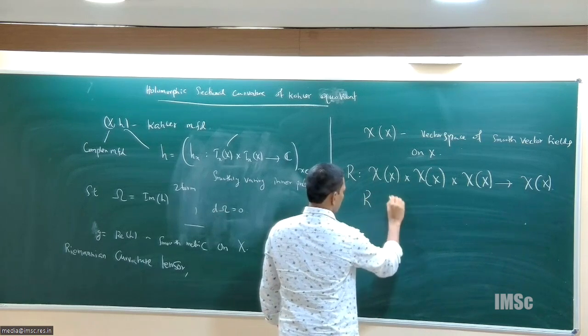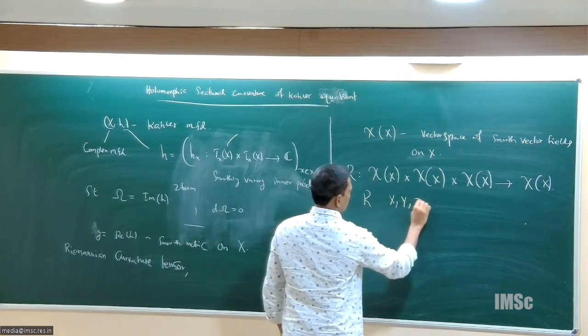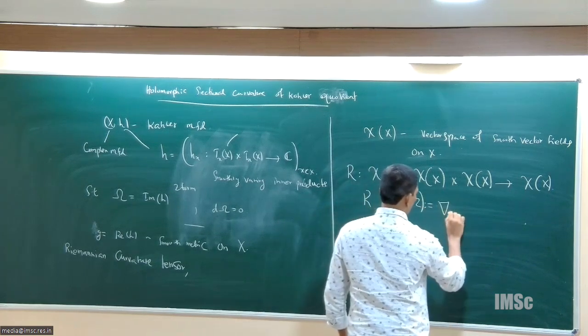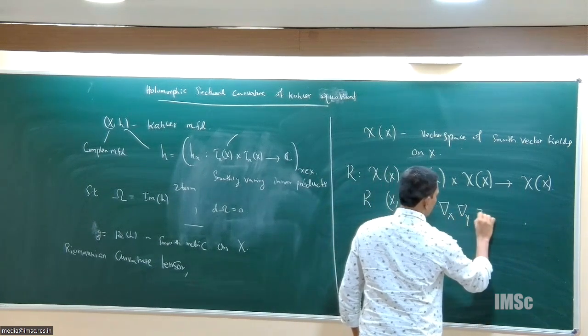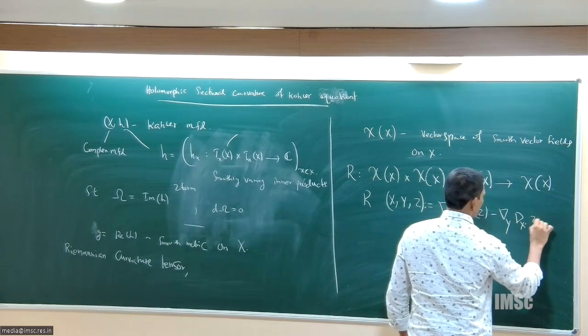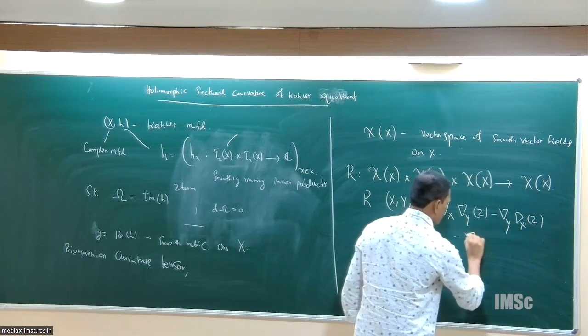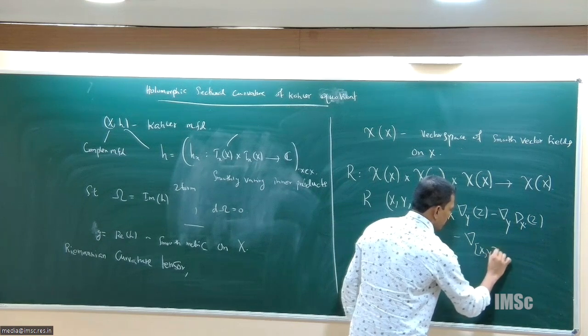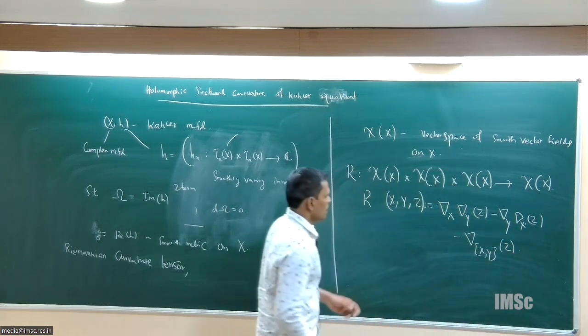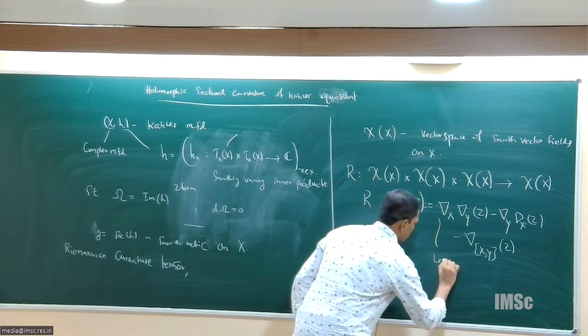For any three vector fields, the definition is nabla x nabla y of z minus nabla y nabla x of z minus nabla of the Lie bracket of x, y of z. Here this is the Levi-Civita connection.